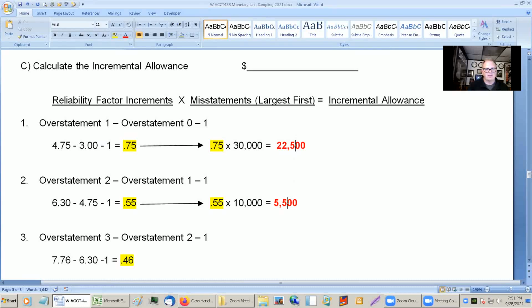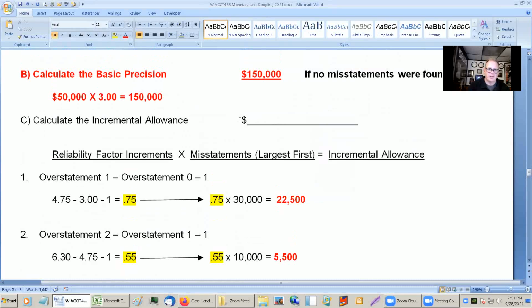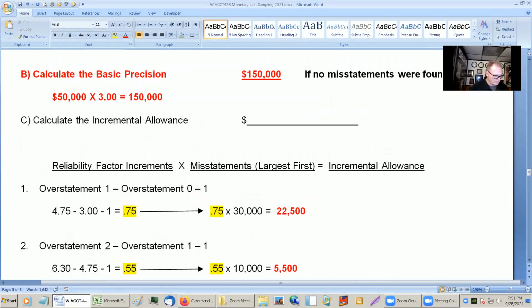So the 22,500 and this one 5,500, these are extra amounts that it could be off by. So those two together will be this. I think it's 28,000. You want to check that? Adding the two, oh, so yes.